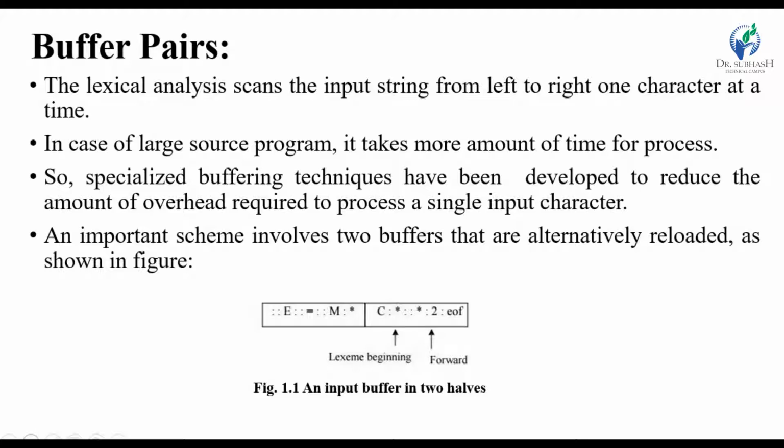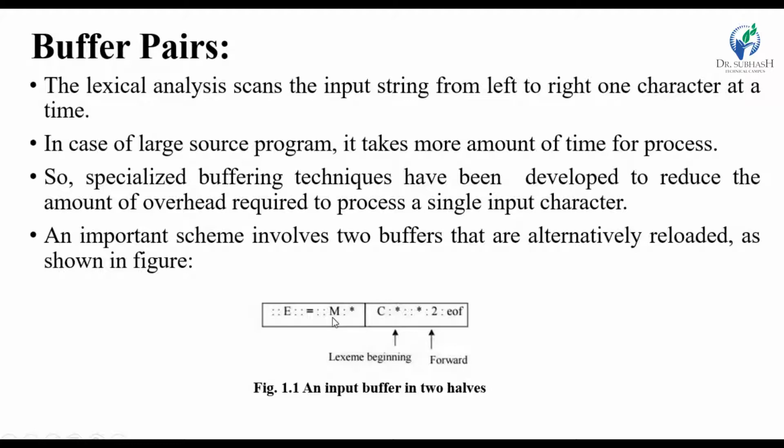So specialized buffering techniques have been developed to reduce the overhead required to process a single input character. An important scheme involves two buffers that are alternately reloaded, as shown in the figure. Here you see two buffers, first of size n and second also of size n, so the buffer is divided into equal halves.